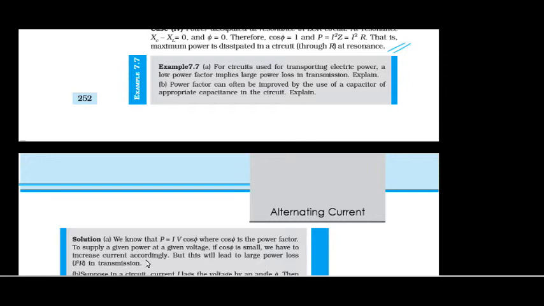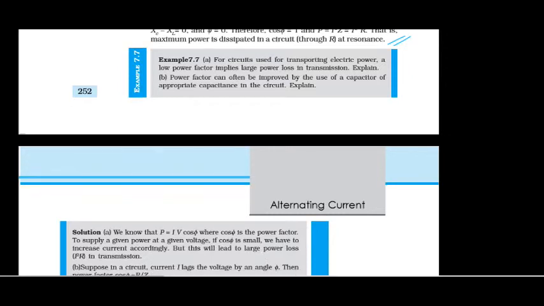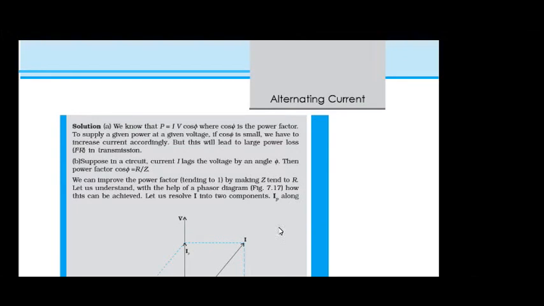So we know that for the first part A, P is equal to IV cos phi, where cos phi is the power factor. To supply a given power at a given voltage, if cos phi is small, we have to increase the current accordingly. But this will lead to a large power loss, I square R, in transmission.